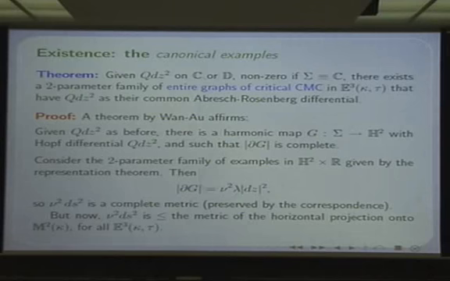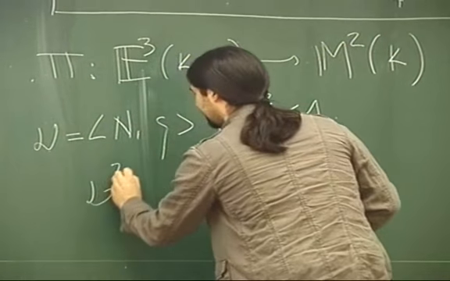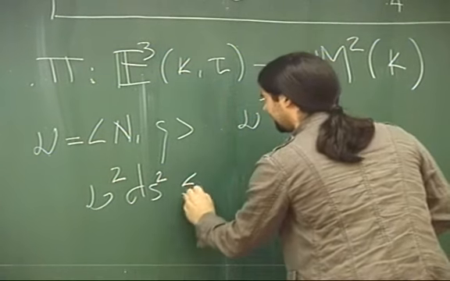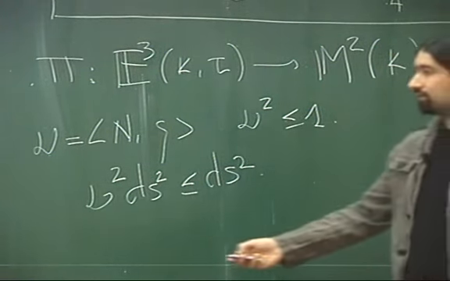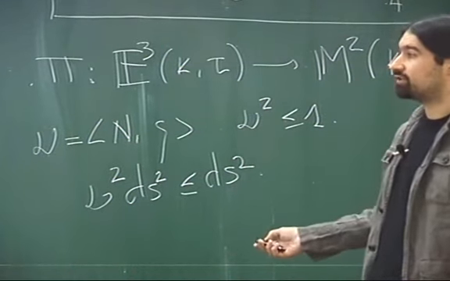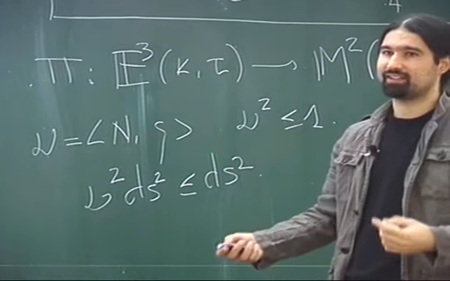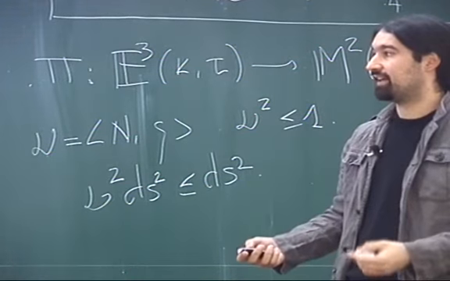In particular, as you have that nu squared is less than or equal to 1, you have that nu squared ds squared is smaller than or equal to ds squared. So as this metric is complete, the induced metric of the surface in H2 cross R is complete. So we are talking about complete examples that are local graphs. The problem is whether they are entire.